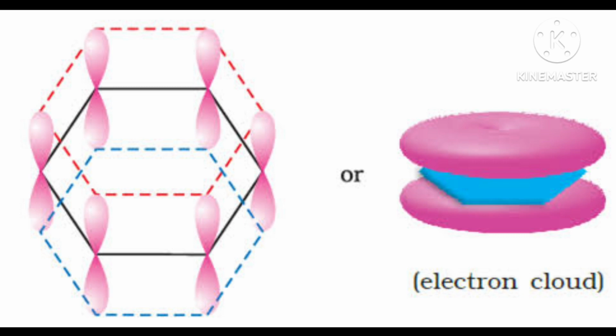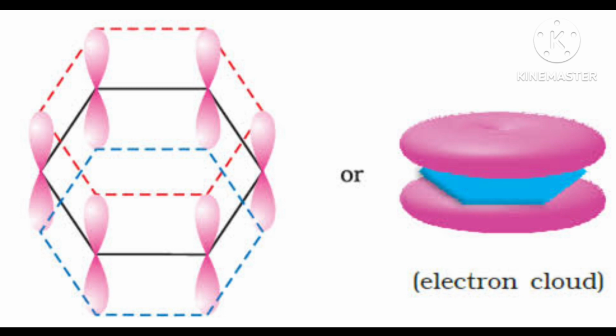The two structures I have already discussed have alternate double and single bonds. Structure 1: if you start with the double bond, single bond, double bond, single bond, double bond, single bond, that means 3 double bonds and 3 single bonds.